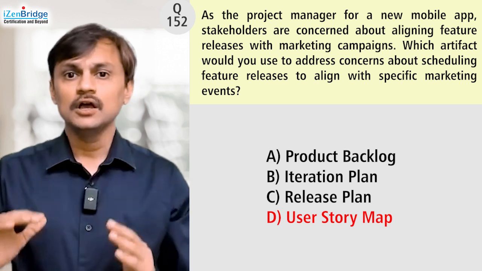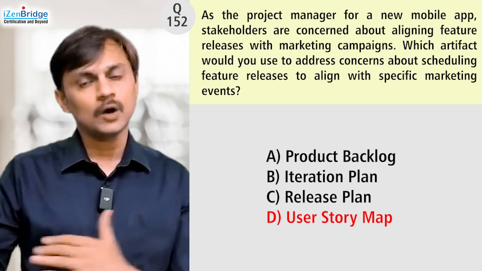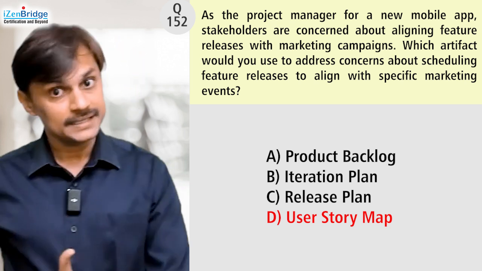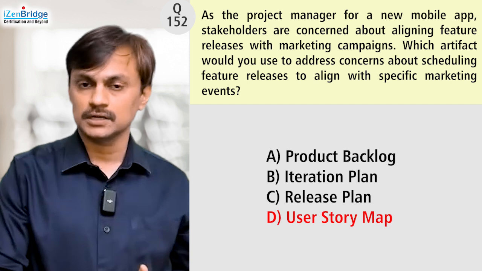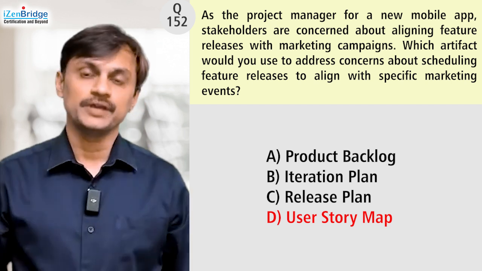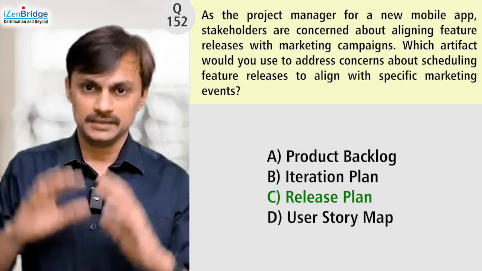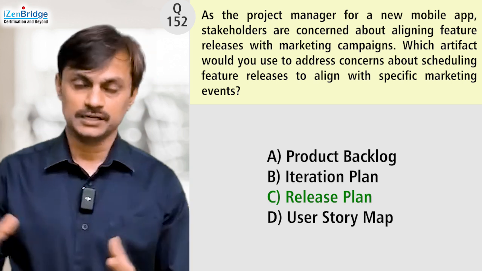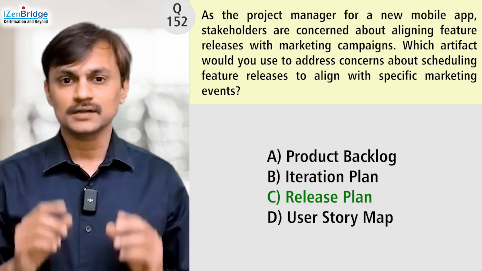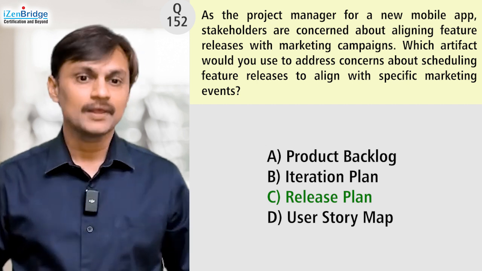That's a tool, but the user story map may not help stakeholders align our marketing activities with product development, because the compressed information should go in a release plan. So the release plan might consume the user story map to understand what should be released in upcoming releases, but the user story map is not answering this particular situation directly.